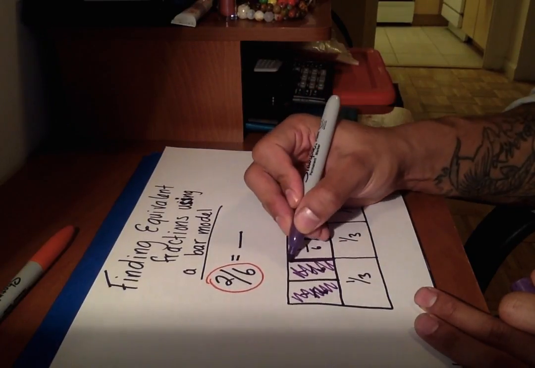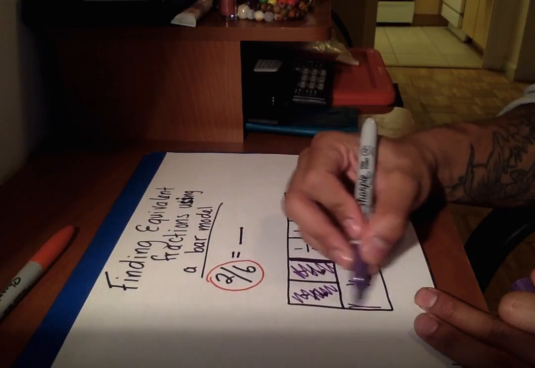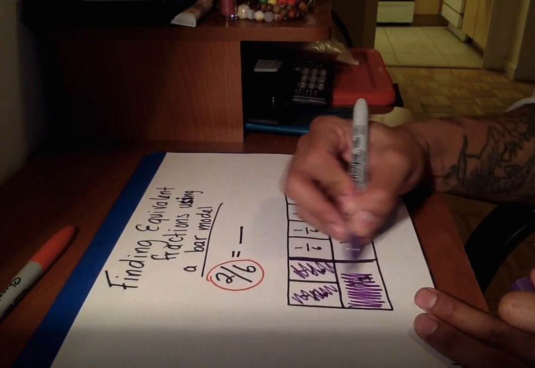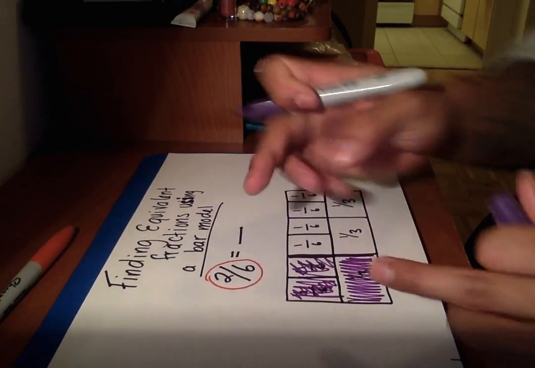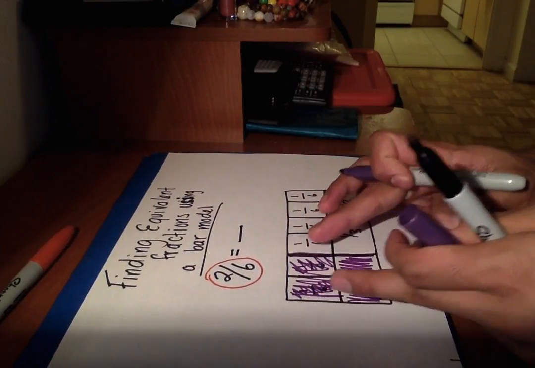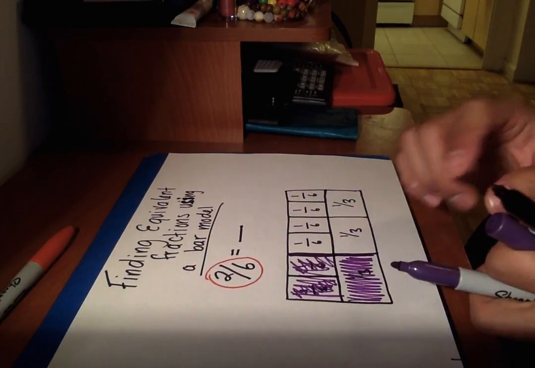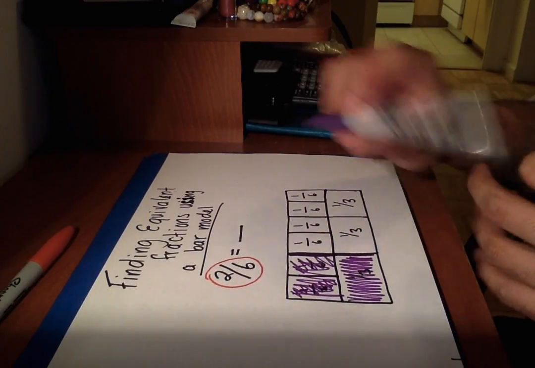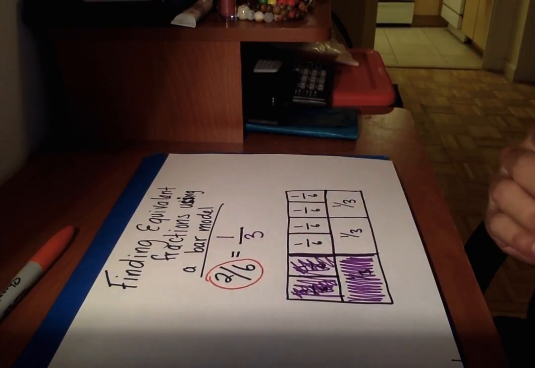So if it stops here, the shaded part should stop here, which brings me to 1/3. And as you can see, 2/6 and 1/3 are the same shaded space. So if they have the same shaded space, we have found ourselves an equivalent fraction.